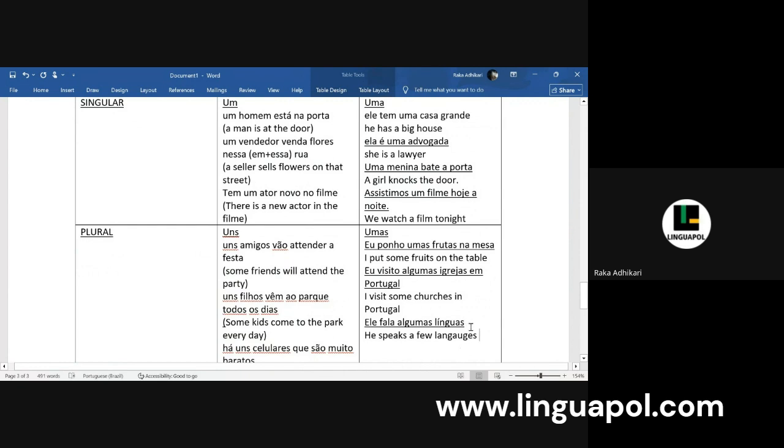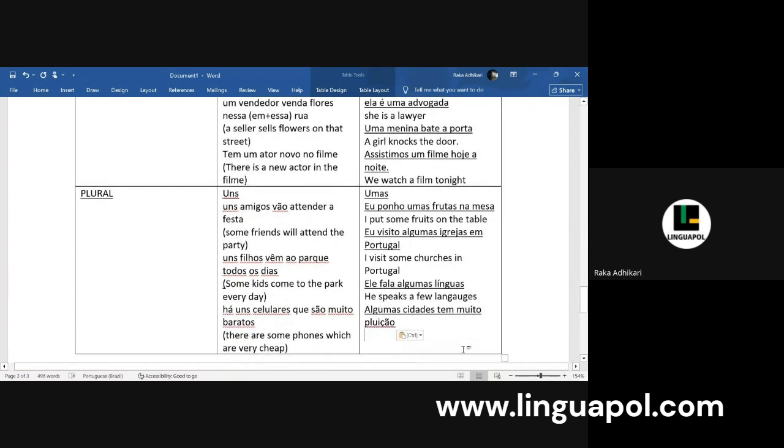We are saying he speaks a few languages. Algumas cidades têm muita poluição. Some cities have a lot of pollution.